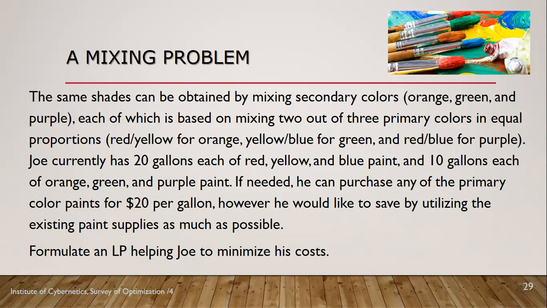So we need to identify which color might be purchased. Some will be purchased for sure, because where else would we get it? But our goal is to minimize the amount of new paint that we need to purchase in order to complete the job. So essentially, we need to use the existing resources as efficiently as possible.